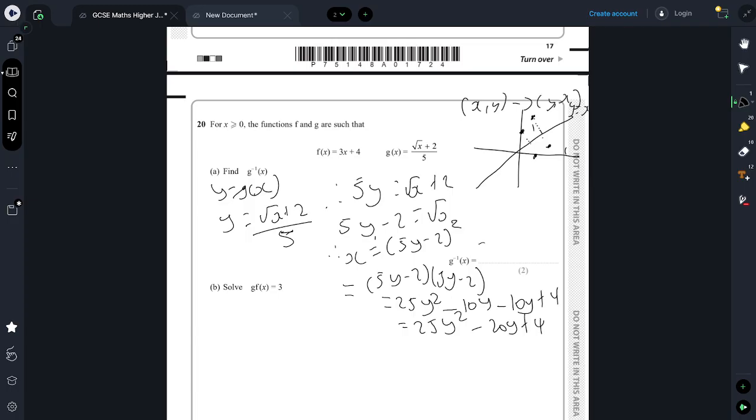But it might be a good idea, if you think you're going to mess up the expansion, to just leave it like this. It doesn't say to simplify, so you can leave it there. And yeah, that's that question done.